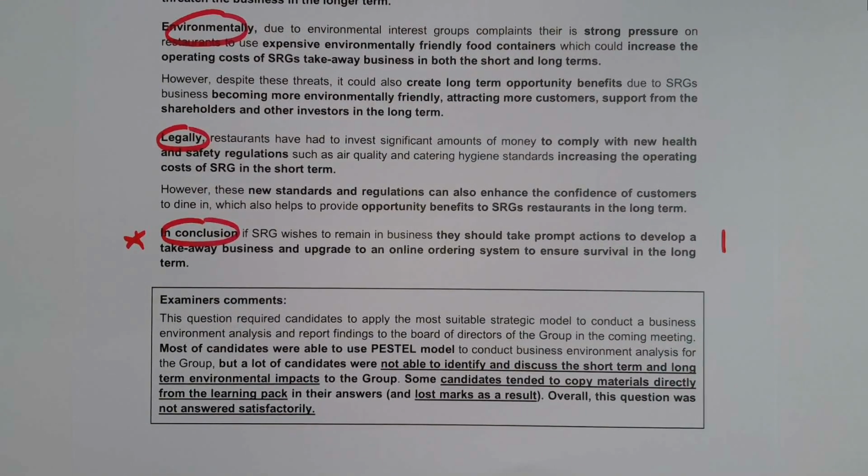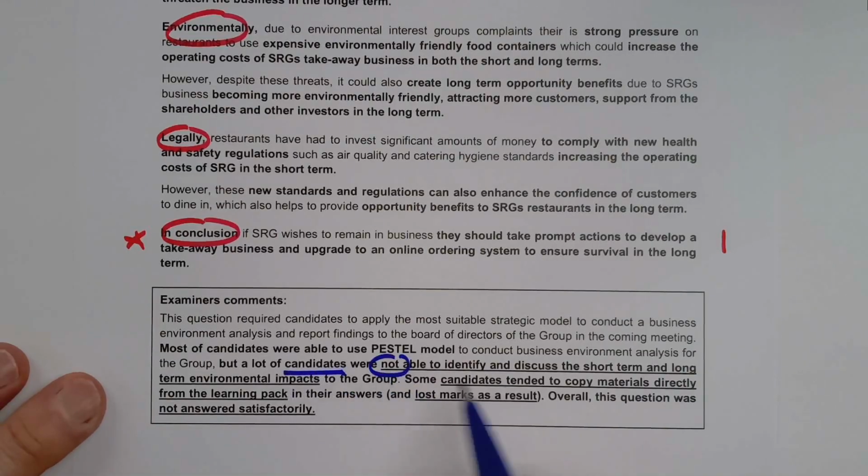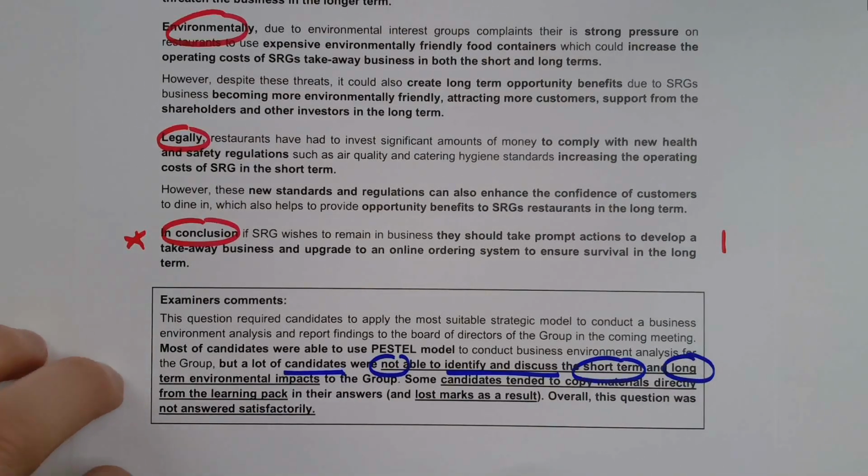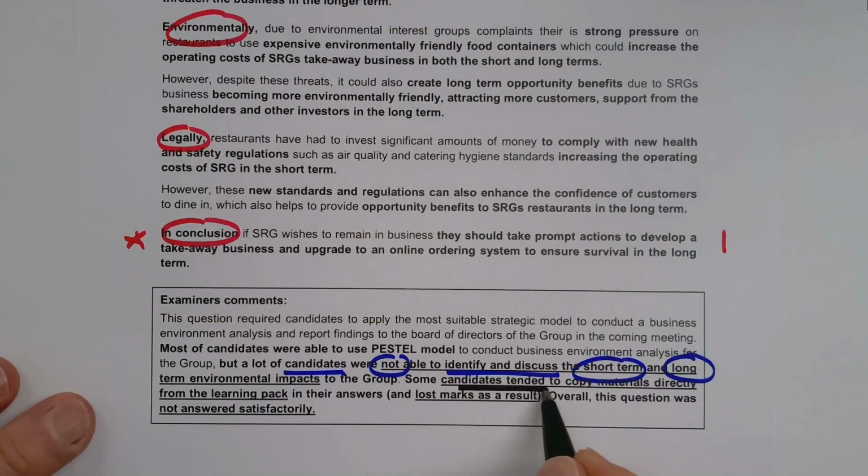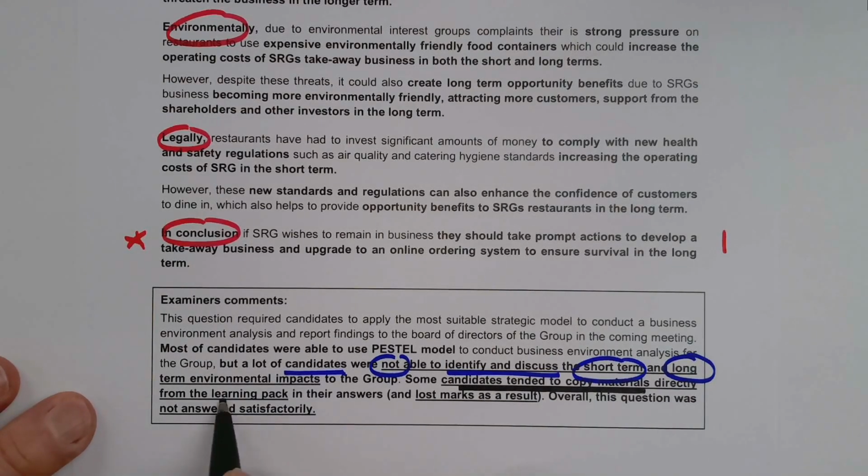Here's the examiner's comments. The December 2022 exam had the lowest pass rate, 16%. And you can see, although the candidates applied Pestel, here was the problem. The candidates were not able to identify and discuss those long-term and short-term factors. And even worse, some candidates copied materials from the learning pack.